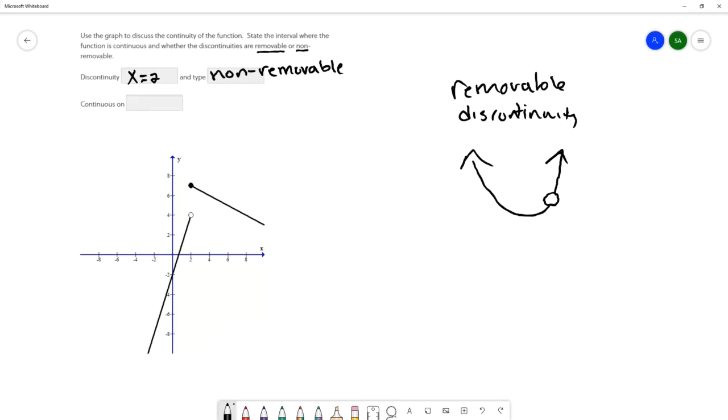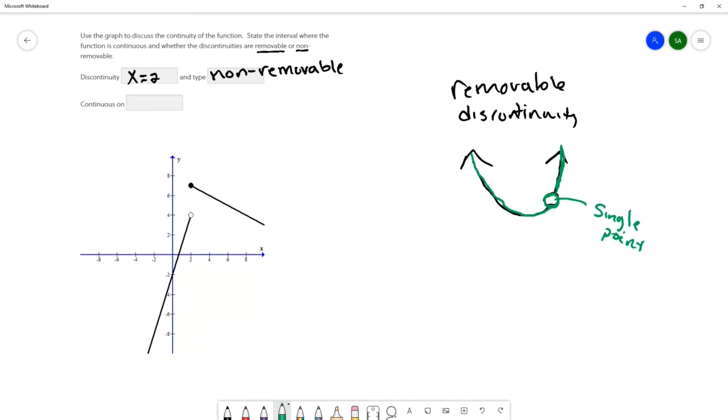So this is a discontinuity because you would have to pick up your pencil. You'd be able to continuously draw this side, and you're able to continuously draw this side, but you have to pick up your pencil between them. But that gap that you have is a gap of a single point.